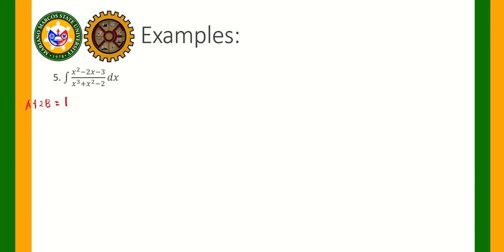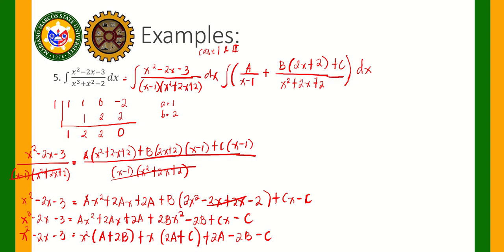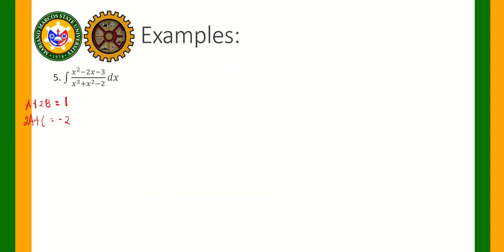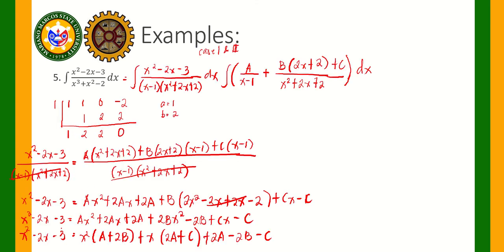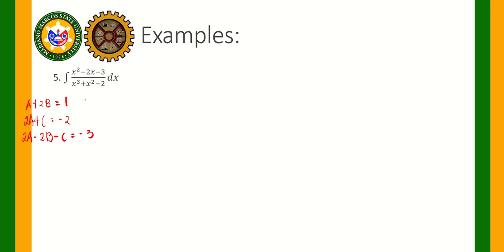And then, for our x, that will be equal to 2a plus c equal to negative 2. Ayan, si negative 2 natin. And for our constants naman, we have 2a minus 2b minus c is equal to negative 3. Ayan. So, this is our equation number 1, equation number 2, and equation number 3.